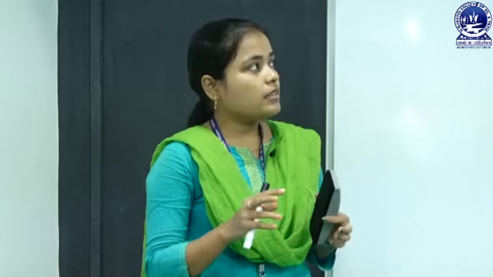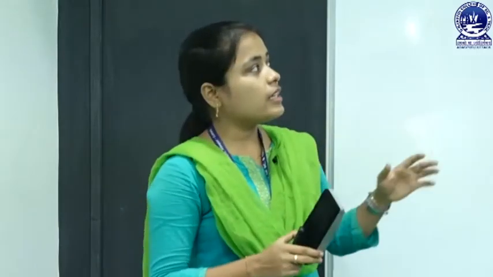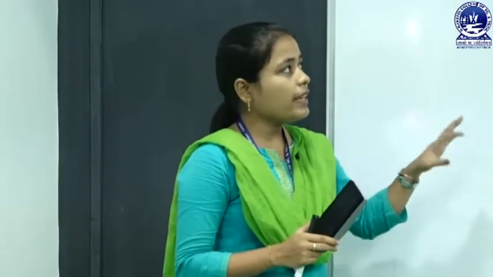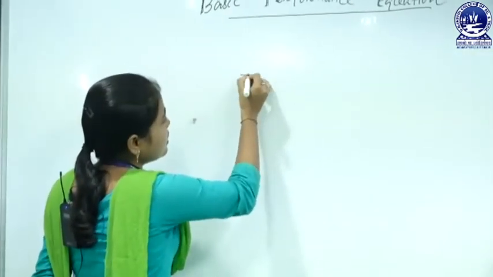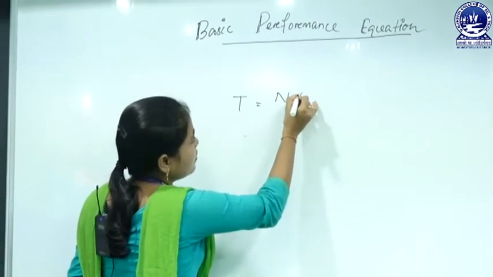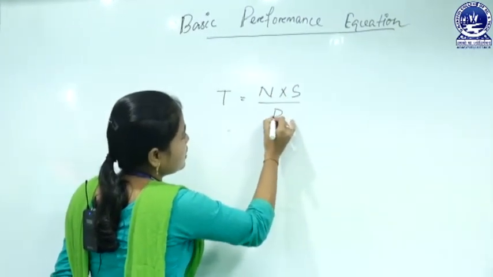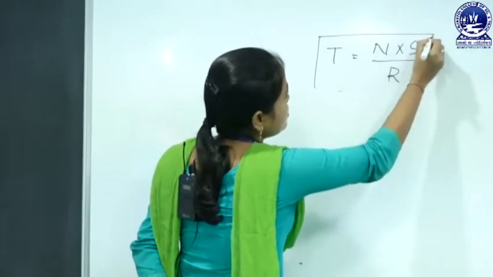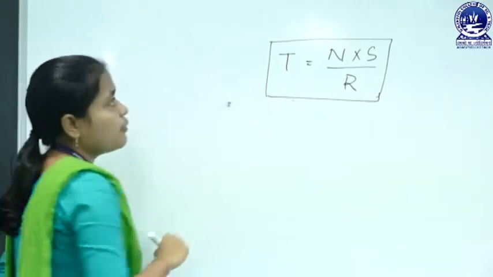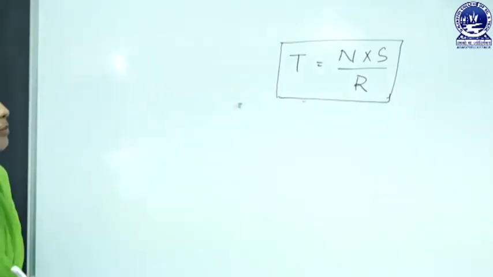So, in this situation we can get the performance of a system manually, but by using an equation or a formula we can calculate the performance of a system. The equation is T equals N multiplied by S divided by R. This is the equation to calculate the performance of a computer system.